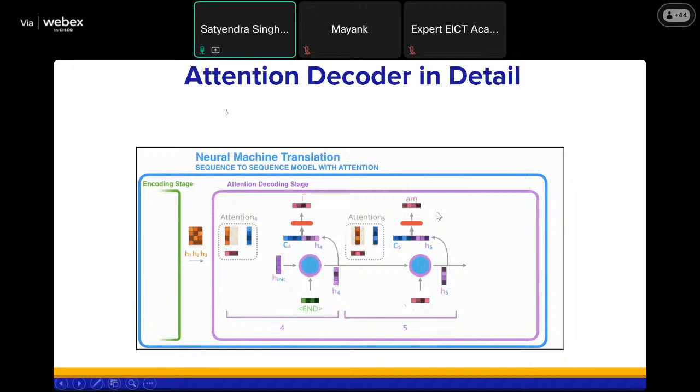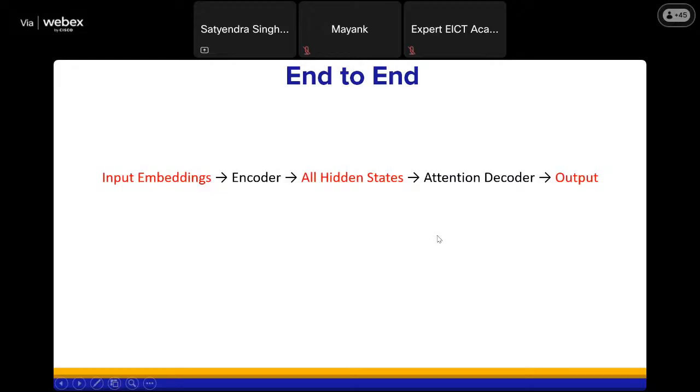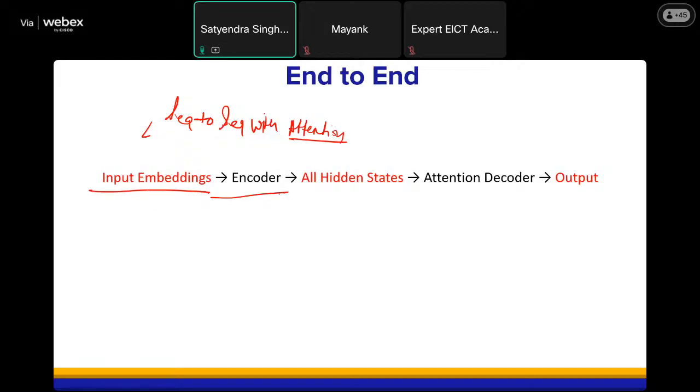All right, let's move further. In the sequence to sequence attention network, you give the input embeddings to the encoder. From the encoder, instead of taking the final state, you collect all the hidden states, which are given to the attention based decoder. Each decoder unit has an attention mechanism to generate the output.